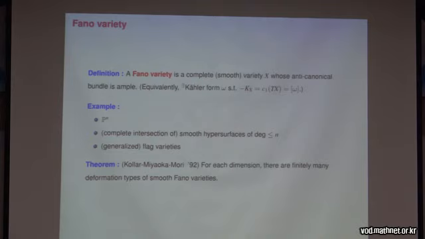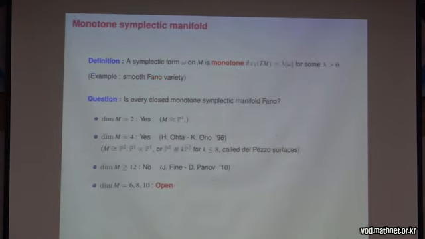And there is the famous theorem by Kollár, Miyaoka, and Mori, who proved that for each dimension, there are only finitely many deformation types of smooth Fano varieties. So in algebraic geometry, people are trying to classify those objects in each dimension. For instance, we will see the classification here.